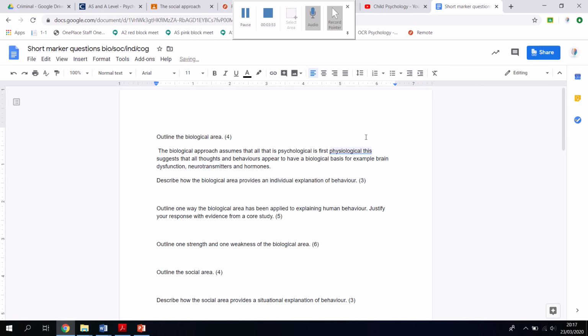That's the kind of answer that you would give if this question was asked for 2 marks. So if this question was asked, outline one principle or one concept in the biological area, or outline the biological area for 2 marks, that's what you'd write.